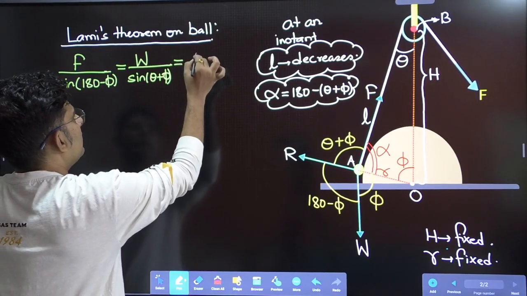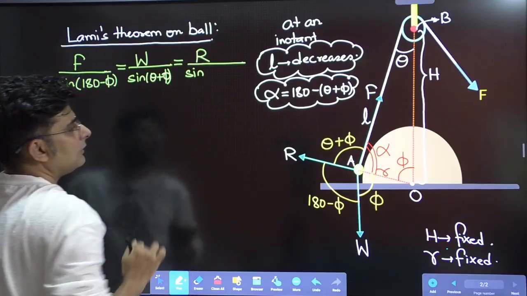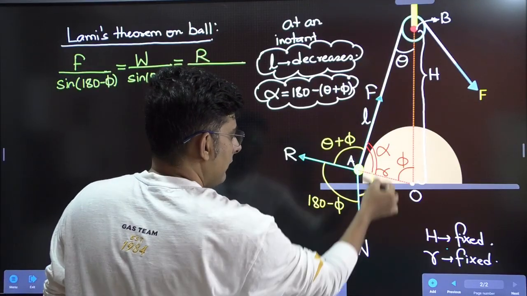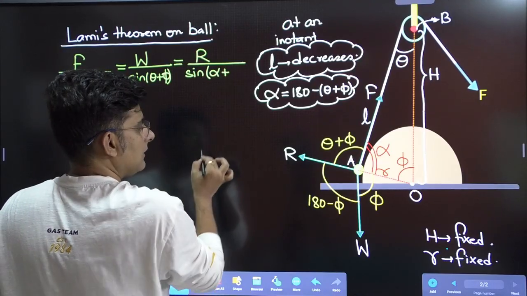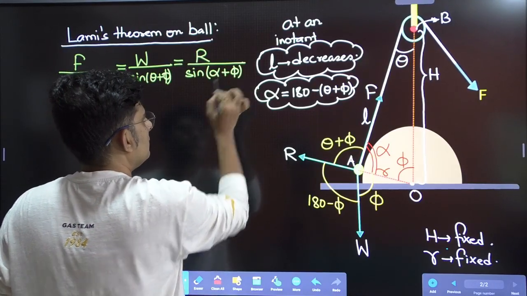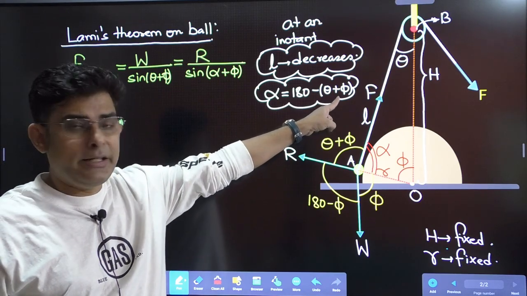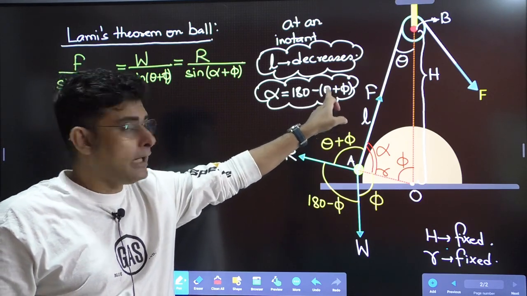And when we take R, so we have to take the angle between F and W, which is alpha plus phi. But if you see, alpha is 180 minus theta plus phi. So if you break the bracket, it will become 180 minus theta minus phi.